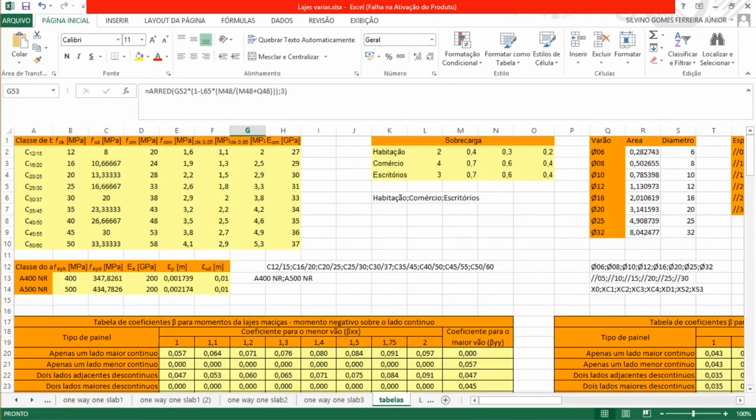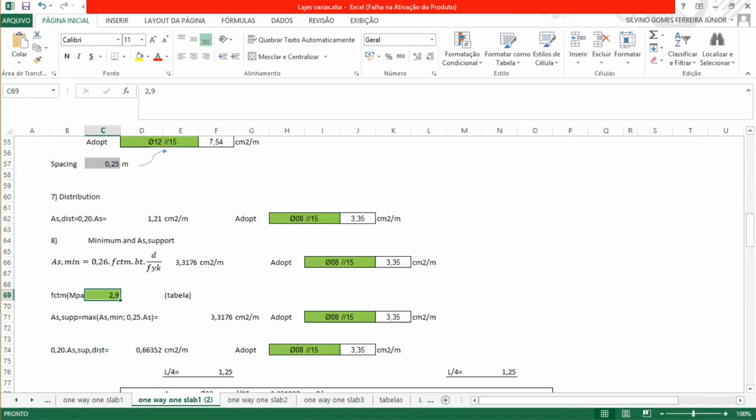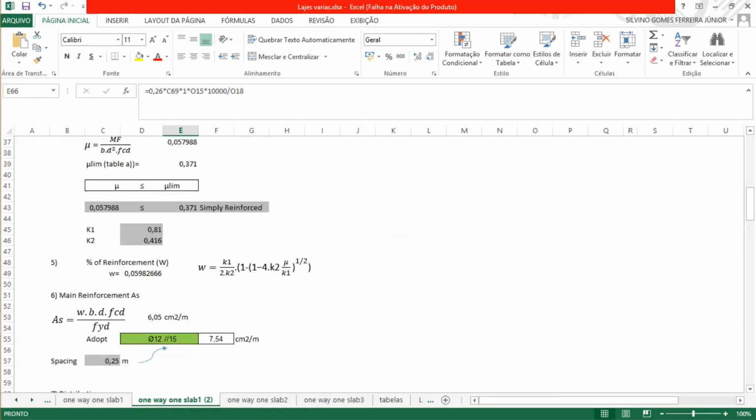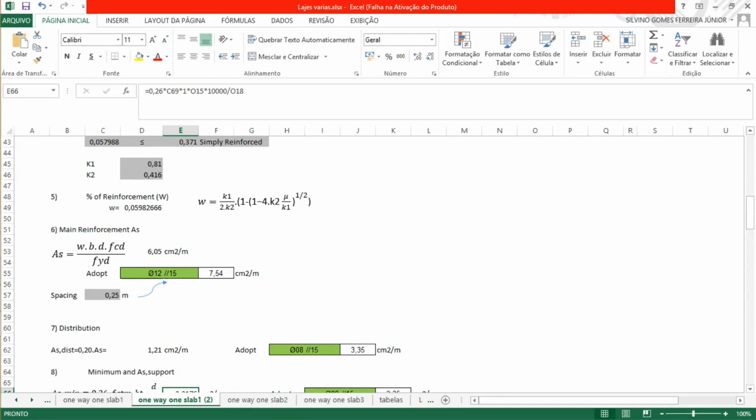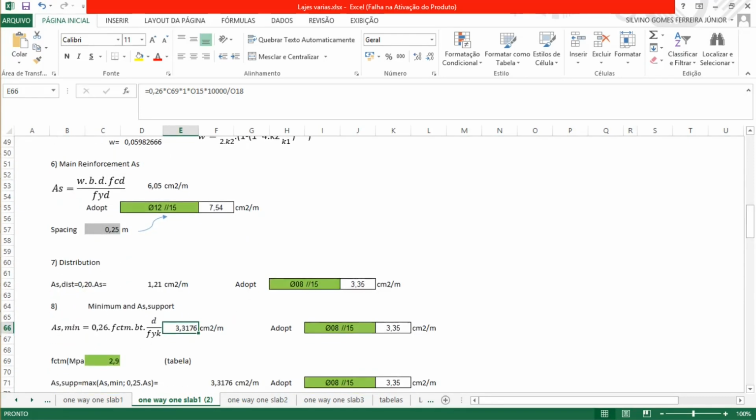It is checked on the tables according to the concrete. C30/37, FCTM 2.9. Okay, so when we multiply this equation, we put everything in centimeters, of course, we'll get 3.31. So this minimum steel is verifying the main reinforcement. Yes, because it's 6, it's bigger, it's okay.